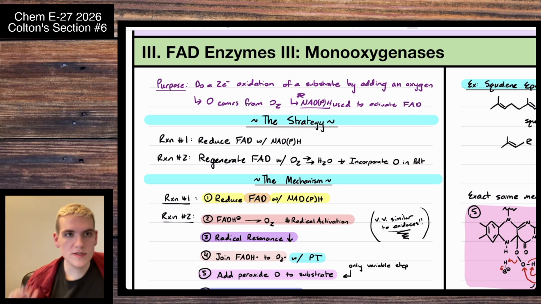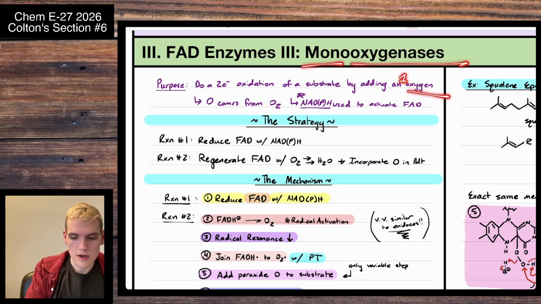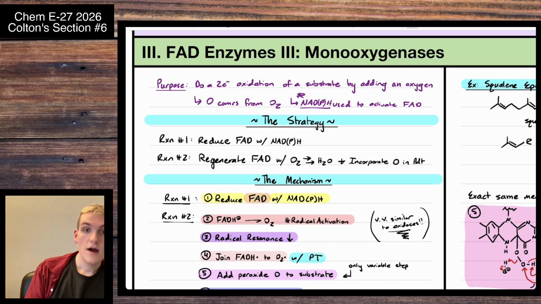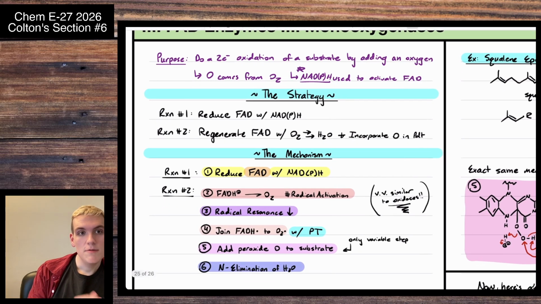So, doing oxidation by adding an oxygen, monooxygen, adding 1 oxygen. Our strategy, step 1, we reduce FAD with NADH or NADPH. And then step 2, we are going to regenerate FAD with O2. In the process, we're going to now generate water instead of H2O2.